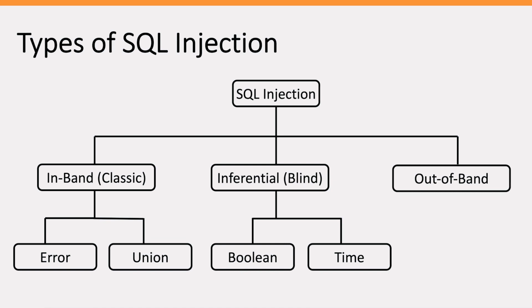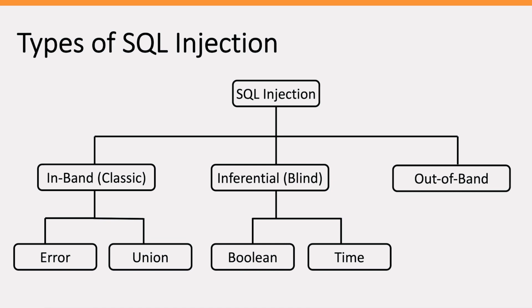Now, in-band or classic SQL injection is divided into two types: error-based SQL injection and union-based SQL injection. Error-based SQL injection is a technique where you force the database to generate an error, giving you more information about how things operate at the backend. So an example would be if you have a parameter that is vulnerable to SQL injection, and then you put into that parameter a single quote, and that breaks the backend query, which generates an error at the application level.